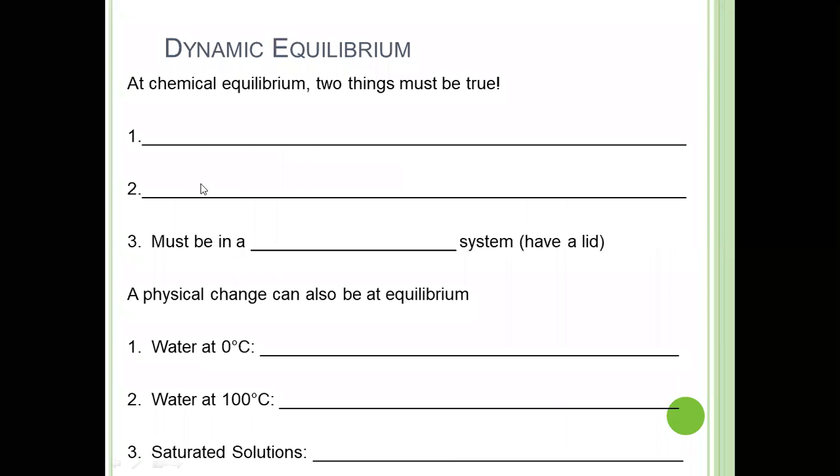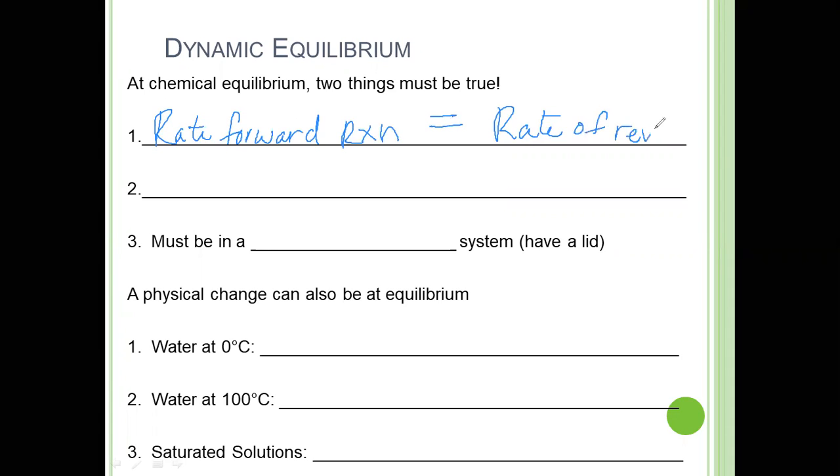All right, so in a chemical equilibrium, that should say 3 things must be true. The first is that the rate of the forward reaction, and forward means like you read the reaction left to right, has to equal the rate of the reverse reaction.